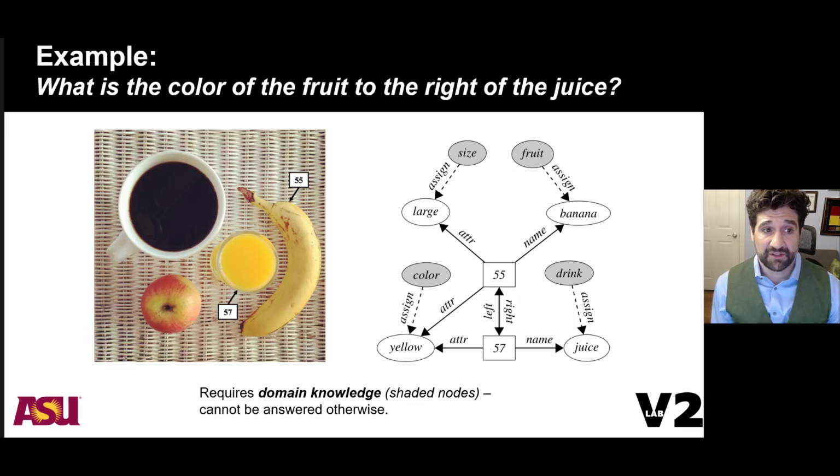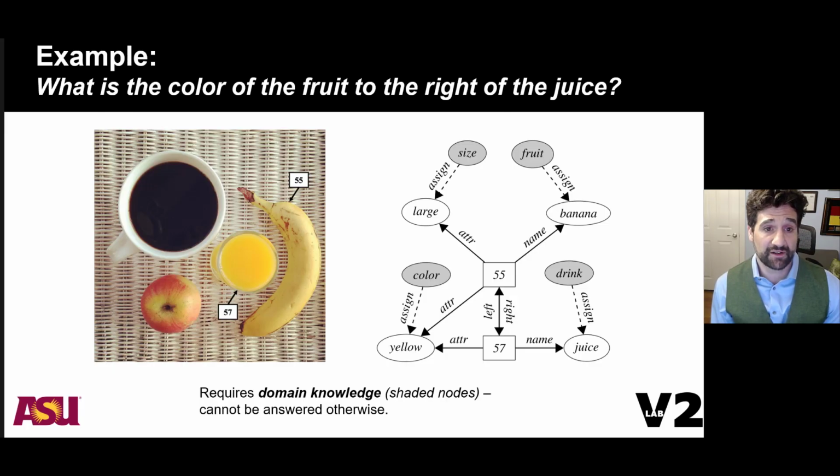But the issue is you can't answer the question because there's nothing in those white shapes that indicate that banana is actually a fruit. And so you need some domain knowledge.